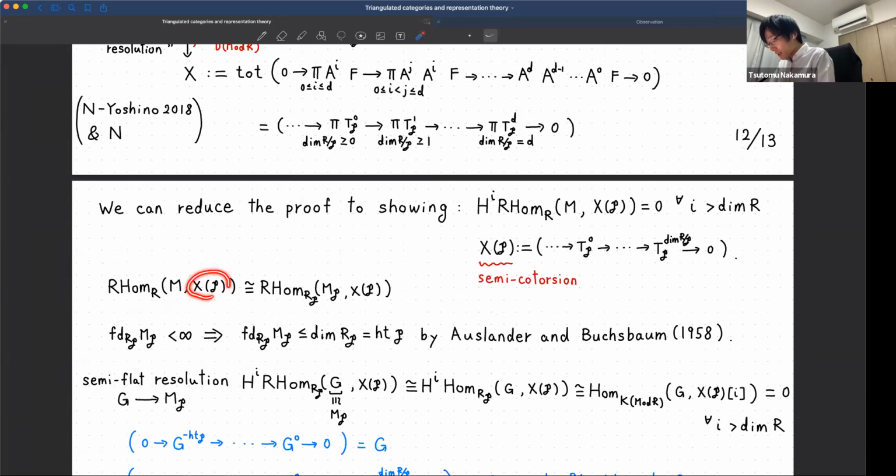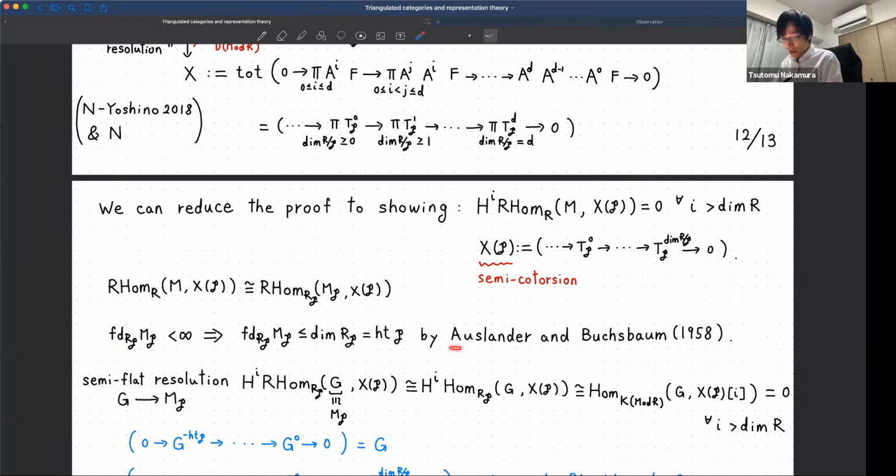So this one is a complex of R_p-modules. So we may localize M at p and replace R by R_p. Since by assumption M has finite projective dimension, especially this is finite, namely M_p has finite flat dimension over R_p.